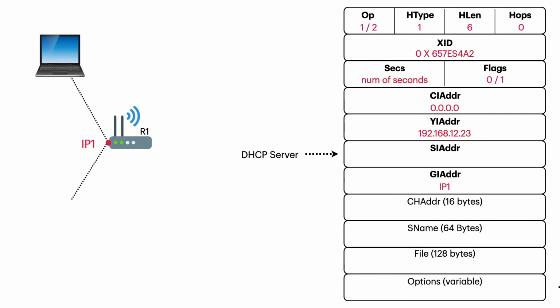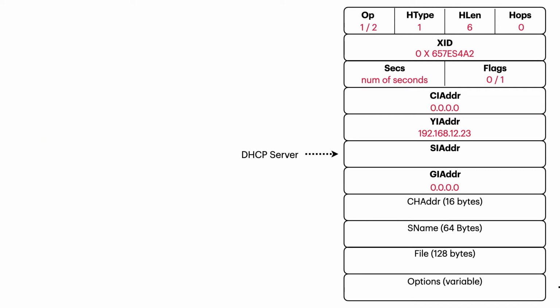If the server and client are both present on the same subnet, this field remains 0. Client hardware address maintains the MAC address of the DHCP client. Server name and file fields can be used to carry DHCP options. It is called option overloading.